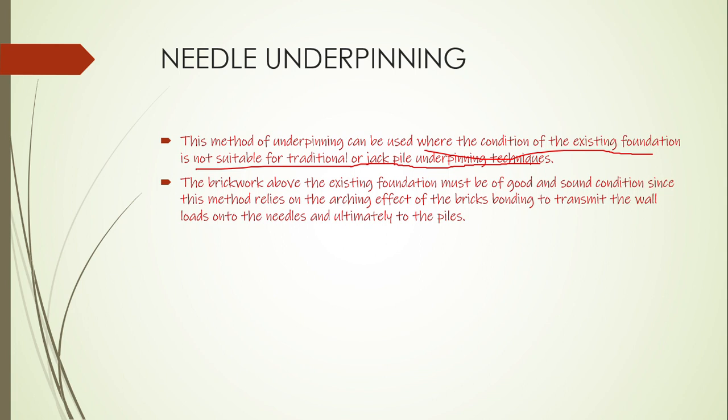The brickwork above must be in good and sound condition since this method relies on the arching effect of the brick bonding to transmit the wall loads onto the needles, ultimately the piles.